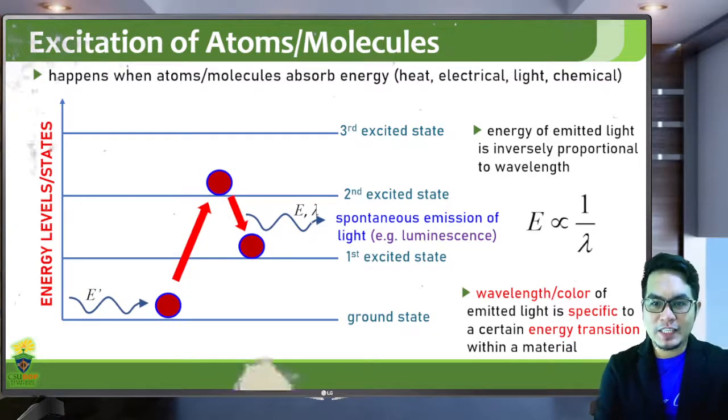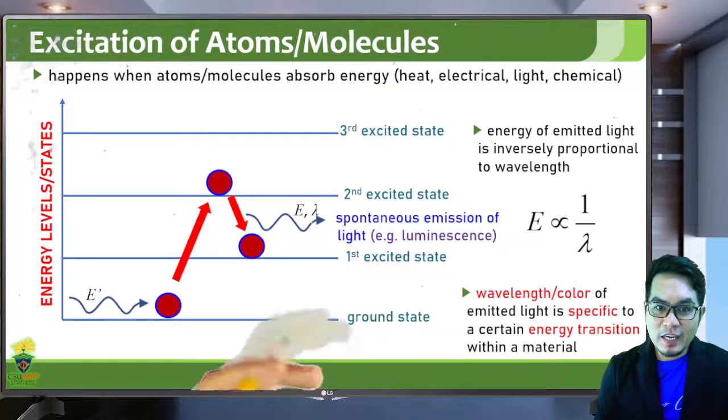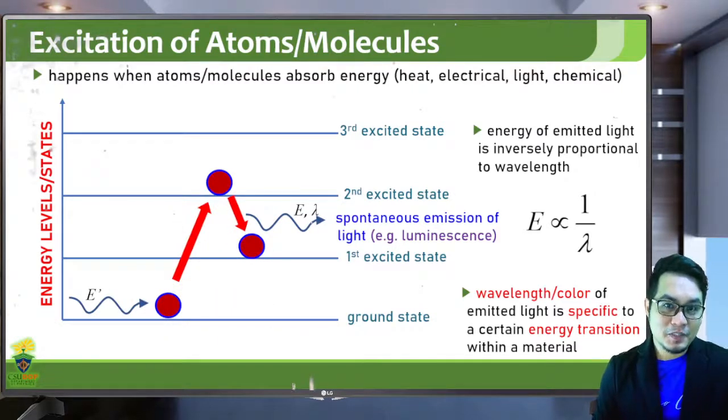So by just studying the wavelength of light emitted by a material, you will know the type of the material, because the light emitted by that material is specific to a certain energy level transition. So it can be used to characterize that material. If you study the emission of light, it can characterize your material, so you will know what type of material it is.